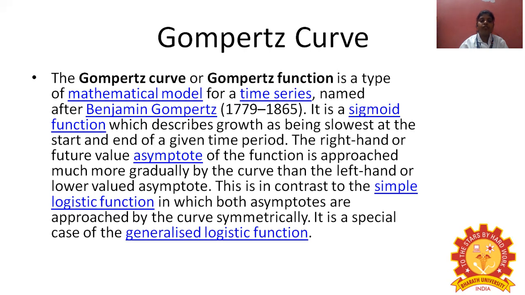The right-hand or future value asymptote of the function is approached much more gradually by the curve than the left-hand or lower valued asymptote. This is in contrast to the simple logistic function in which both asymptotes are approached by the curve symmetrically. It is a special case of the generalized logistic function.